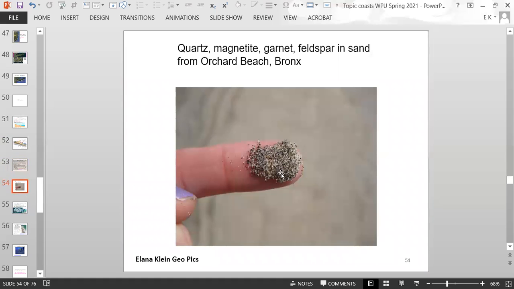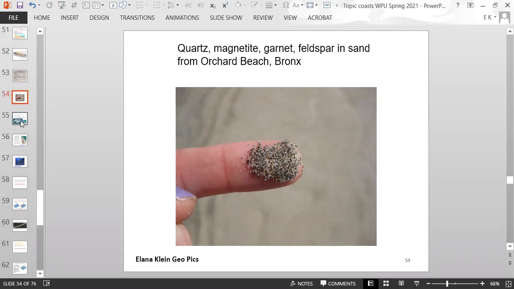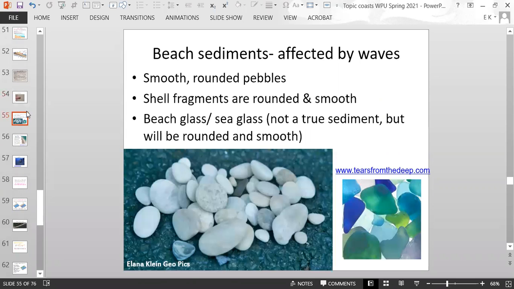This is a close-up of sand from Orchard Beach in the Bronx. And it's made up not only of quartz, but it's also got magnetite and garnet and feldspar in there. Now, beach sediments that are affected by waves are going to undergo abrasion.